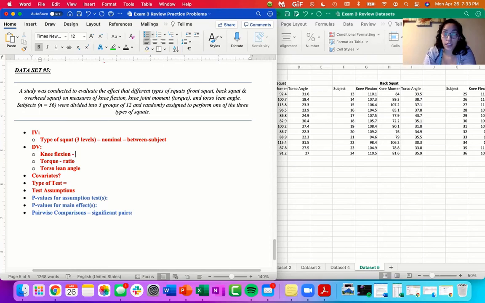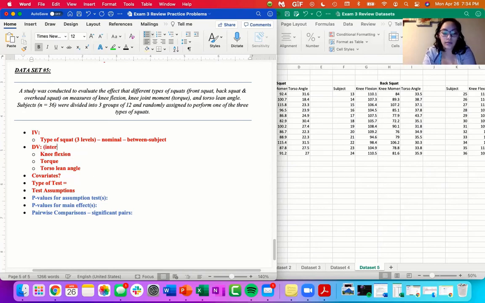But degrees of knee flexion and torso lean angle, actually also torque, technically all of these should be interval data because torque is a vector quantity. And so you can either have positive torque or negative torque, or positive moments or negative moments, if you guys are into biomechanics. Because 0 is kind of like an intermediate point and doesn't represent the absence of a value, these would all be interval data.